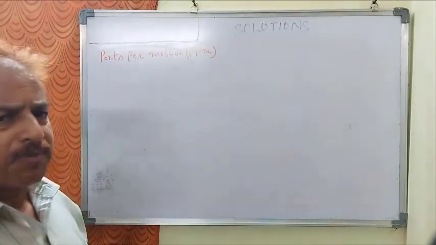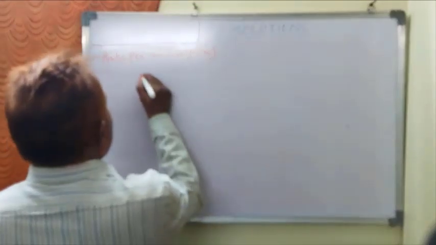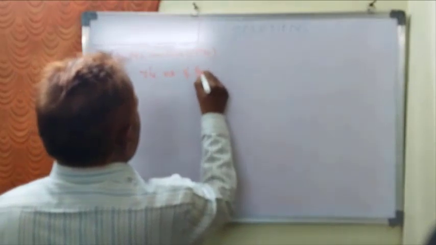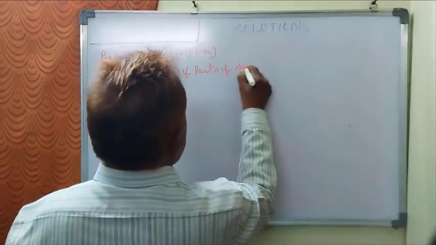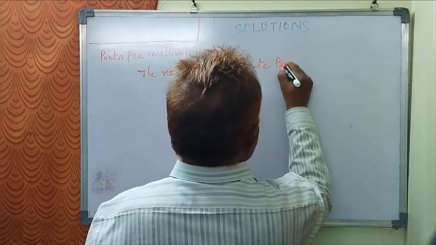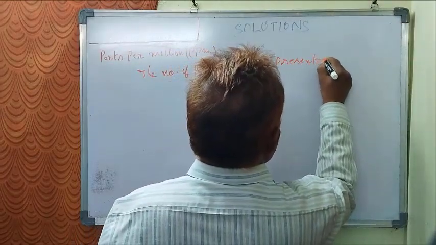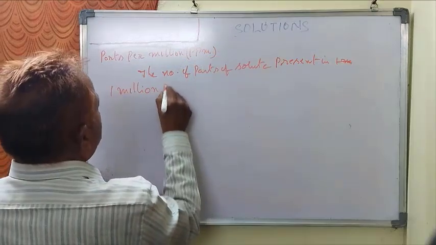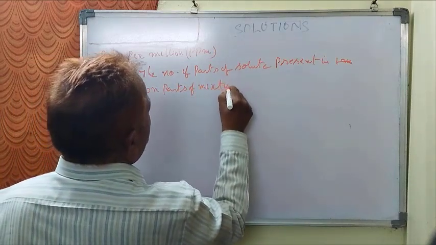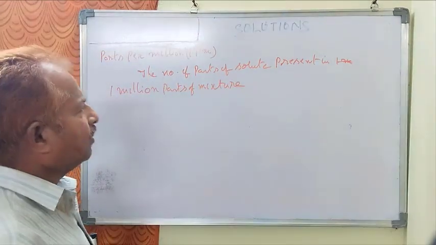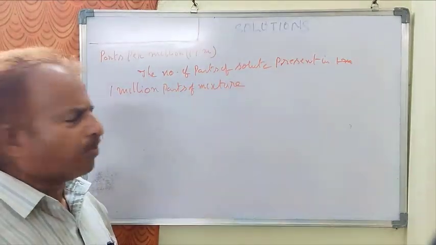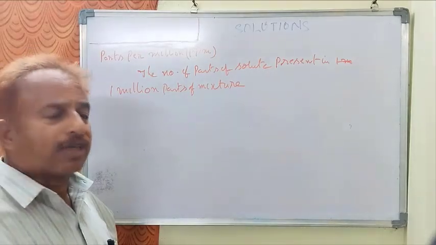Now let us see what parts per million is. Parts per million is expressed as the number of parts of solute present in 1 million parts of mixture. Mixture means solute and solvent.